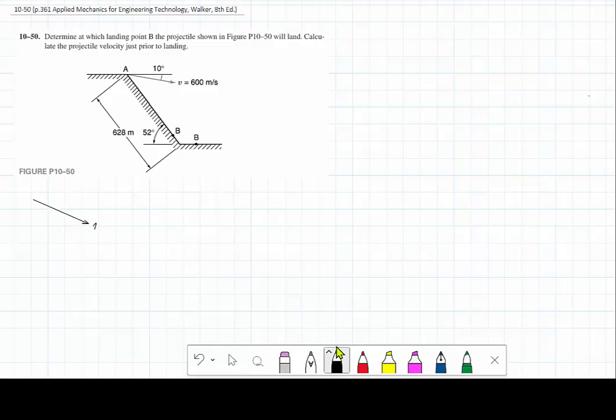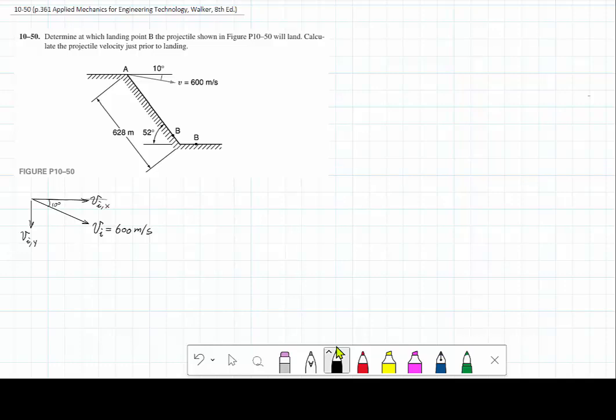I'm going to label it as VI, initial velocity, 600 meters per second, and it's below horizontal. The angle here is 10 degrees. Resolving this into components, in the x direction we're going to call it VIX, going to the right, and in the y direction we're going to call it VIY, and it's going down.